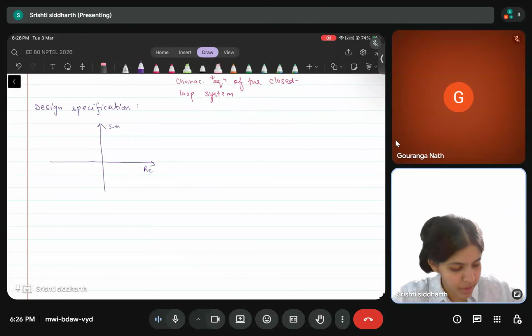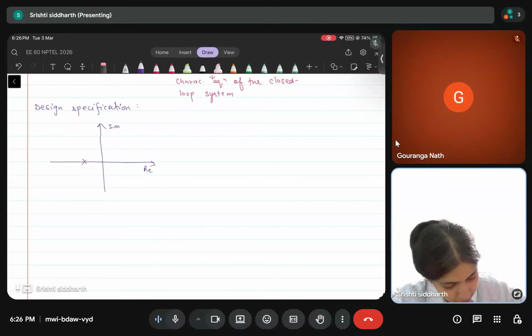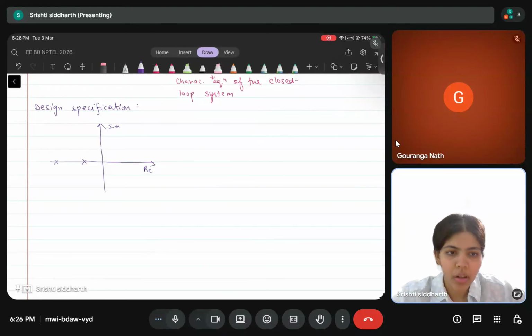For some design specification, we might have eigenvalues on the real axis on the negative half plane or as complex conjugate pairs.